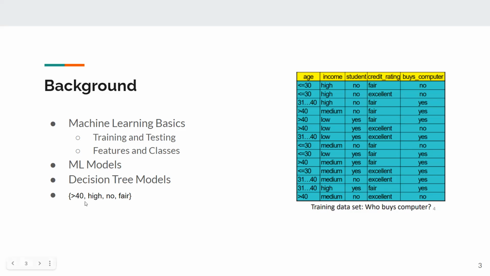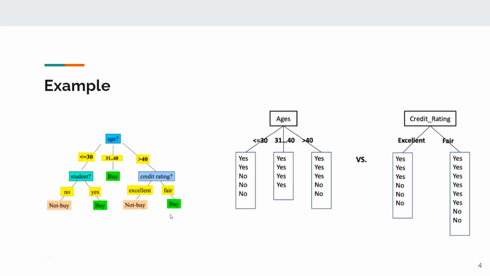For example, take this record, and believe me, this record doesn't exist in this dataset. After following the criteria, we find that the decision tree suggests that we consult the age when there's a new record, and see if the customer's age is between 31 and 40.